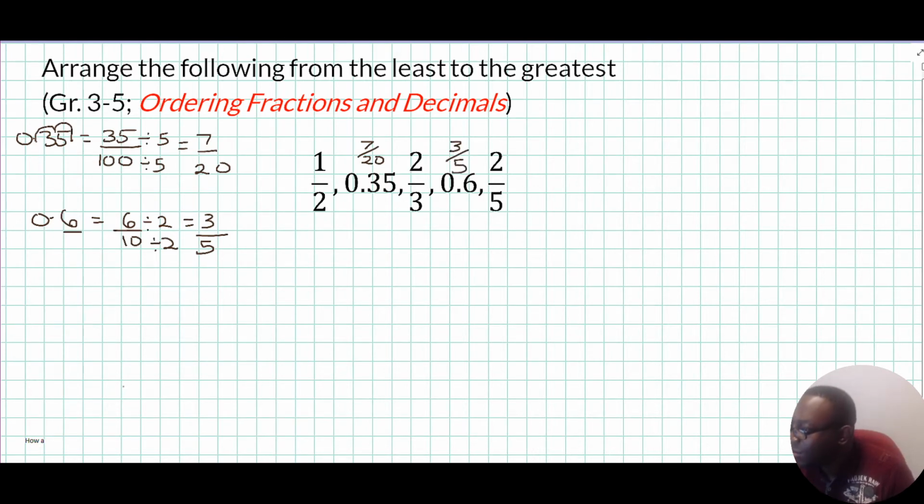So now, remember, for you to be able to order decimals and fractions, you have to have the same denominator. So here we have 2 as a denominator, we have 3, we have 5, and then we have 20 as our denominators. So we're going to go ahead and get a common denominator for all of these numbers.